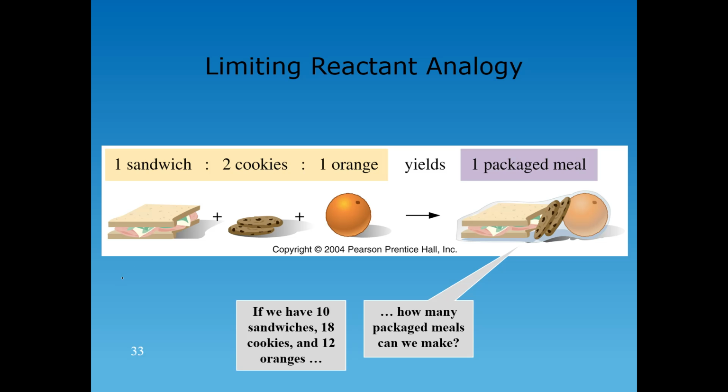But we do not have 20 cookies, we have 18 cookies. What that tells us is that we won't be able to use up all the sandwiches, because we don't have enough cookies to use up all 10 sandwiches. Okay, so let's take that out.